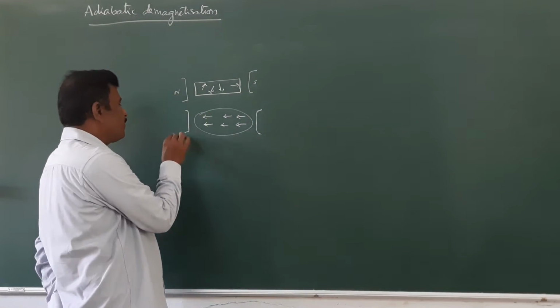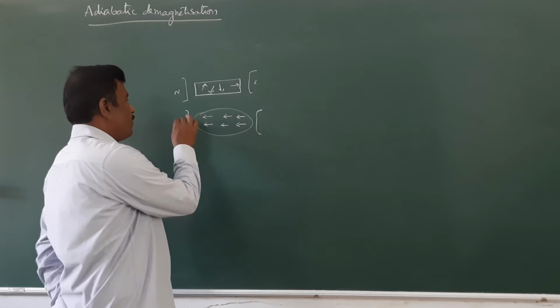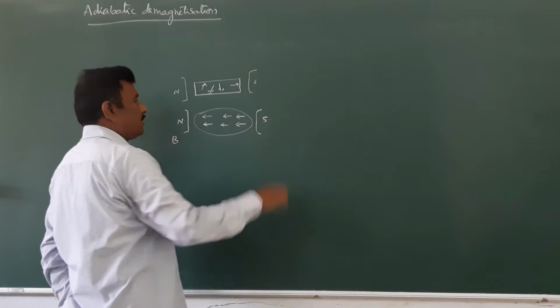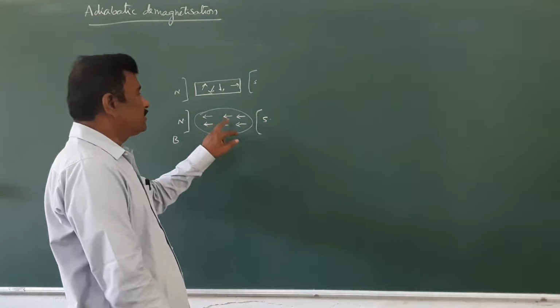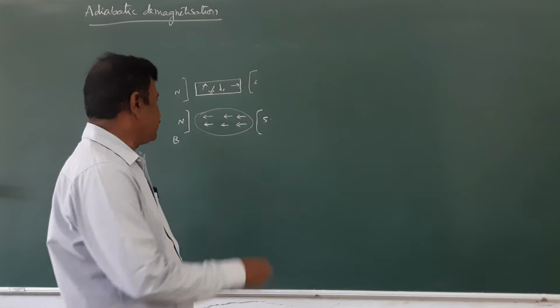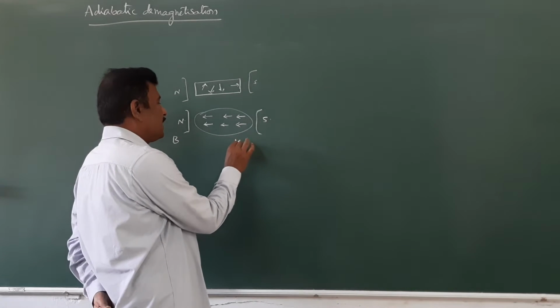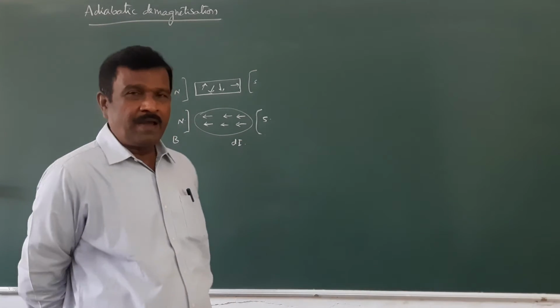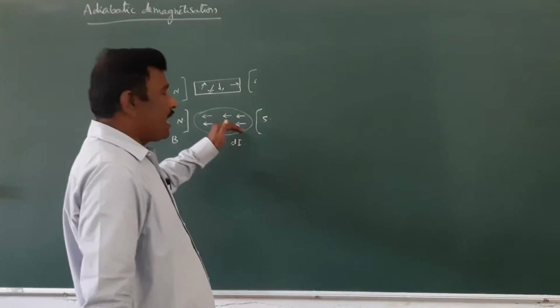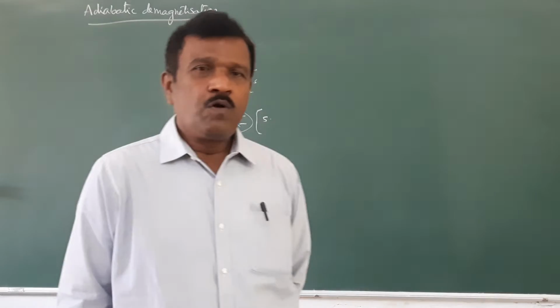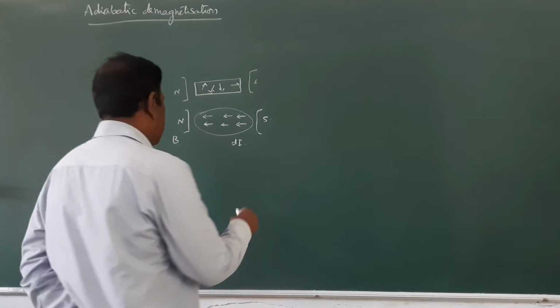When a magnetic field B is applied using strong magnets, these atomic magnets are oriented and acquire magnetization. In order to magnetize the substance, we have to do a certain amount of work.